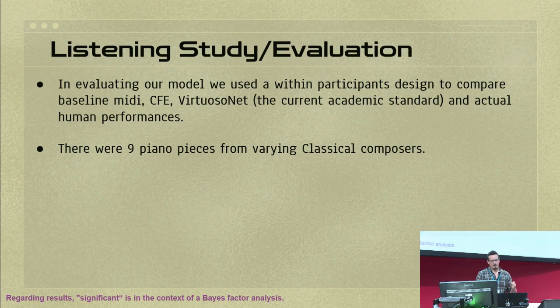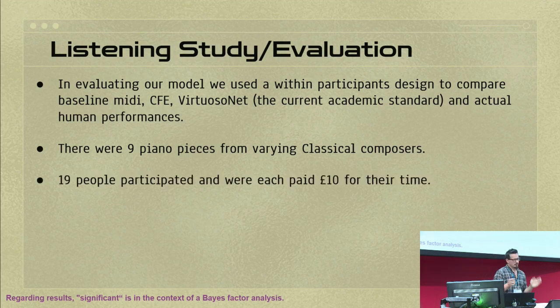But for each note, we'd synchronise multiple performances of the same score. And it's not just taking one person's performance style, it's making like a general model of performance across, I think there's 27 professional pianists who were in the data set. We did use 9 pieces. They come from Bach, Haydn, Schubert, and there was also Chopin.